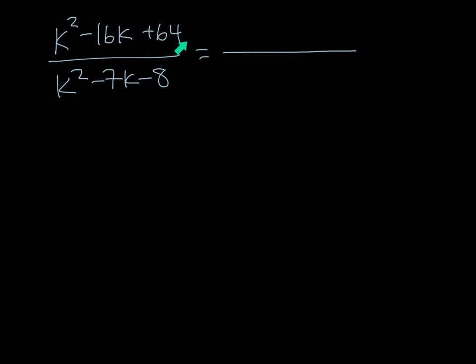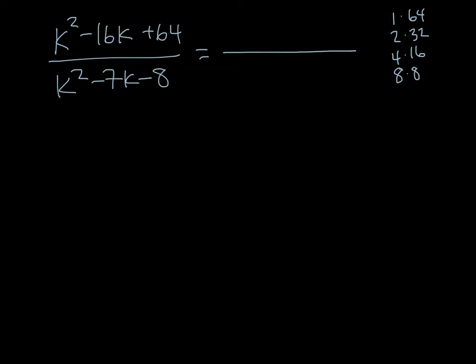What you want to do is take the factors of this term and write them off on the side, is how I do it. So you could do 1 times 64, 2 times 32, 4 times 16, and 8 times 8. I think those are all of them.